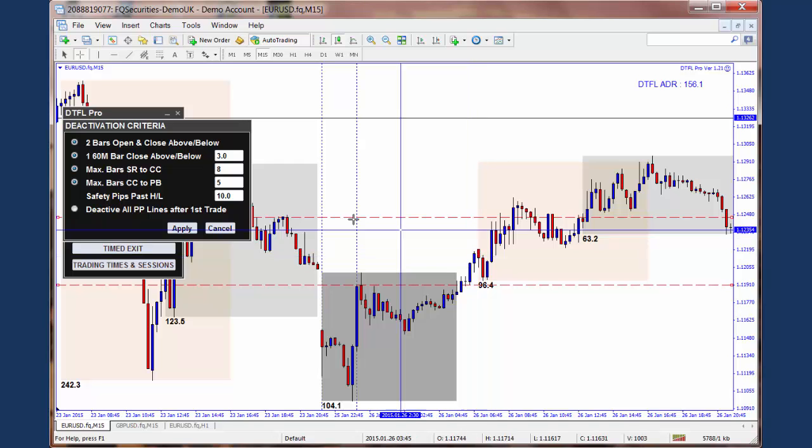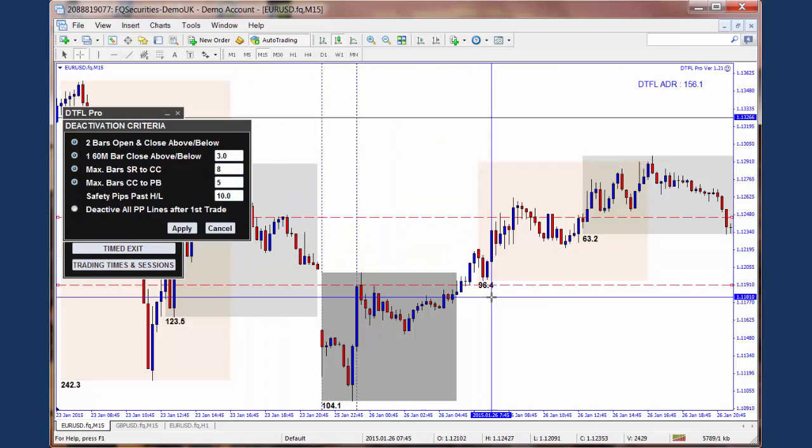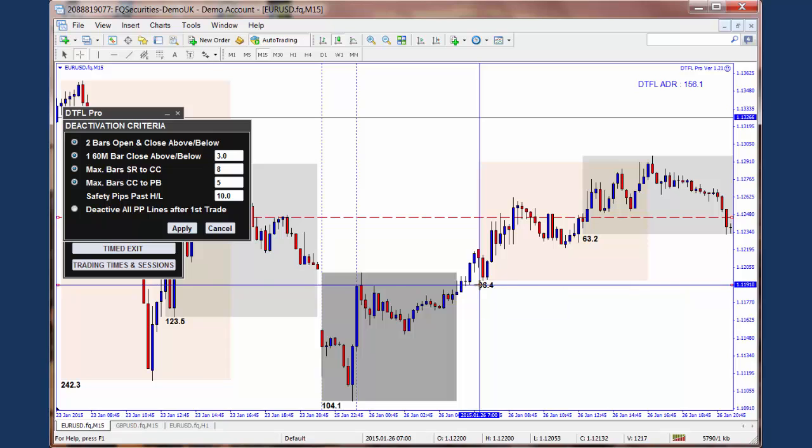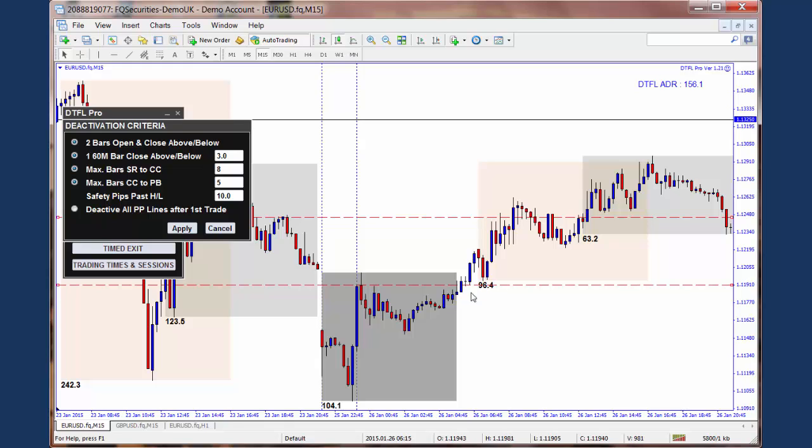If it is 3 pips above the line, there's the line, and in this situation it actually closed 25 pips above the line. So it's well over 3 pips above the line. That would deactivate the PP line.